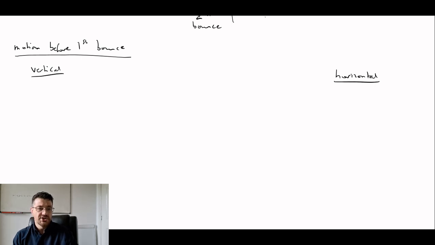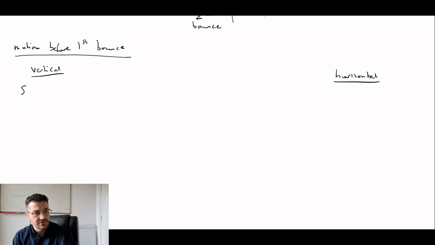I'll just write it over here so you can get an idea about how I'm going to carve things up. This is something I tend to do with projectile motion: I split things up into vertical and horizontal, and I keep these separate in some way. So, we're going to be using SUVAT then.